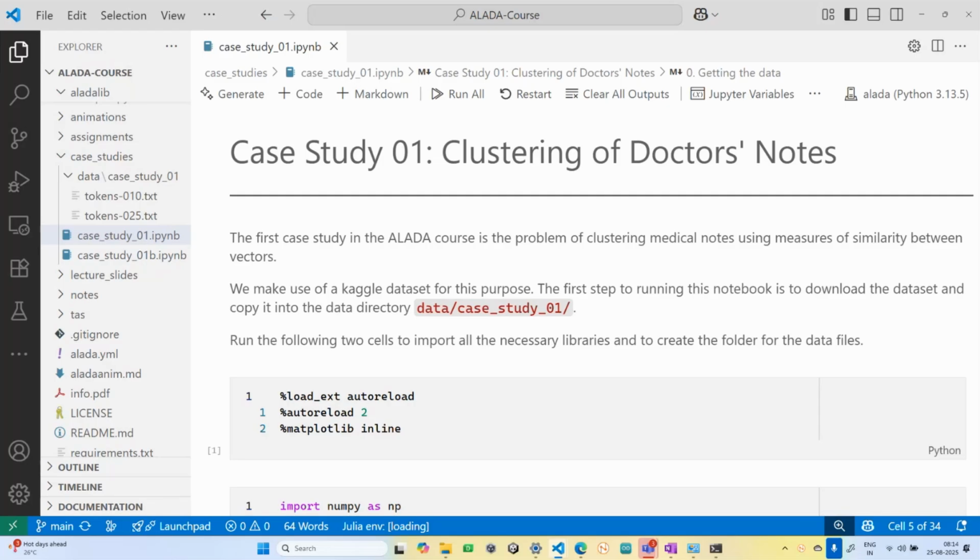In case study 1, if you have a bunch of notes written by doctors, but we don't know what specialty they are from, is it possible for us to do clustering to see if clinical notes from neurology all cluster together, cardiology cluster together, and things like that? That's essentially what we are trying to do in case study 1.